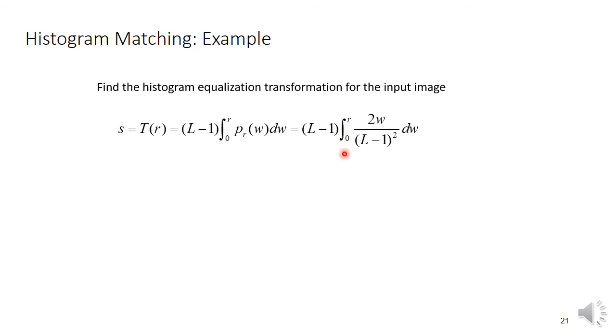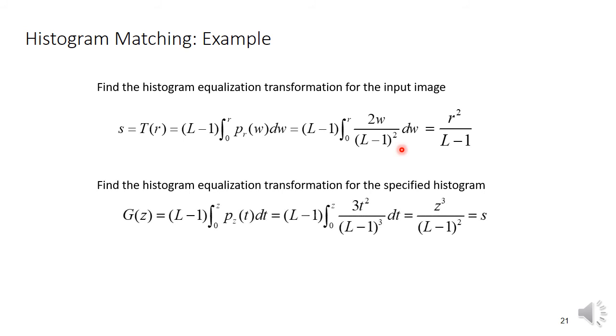After applying that PDF, p_r(w) is 2w over (L minus 1) whole square, times dw, and after applying the integration it becomes r square over L minus 1.